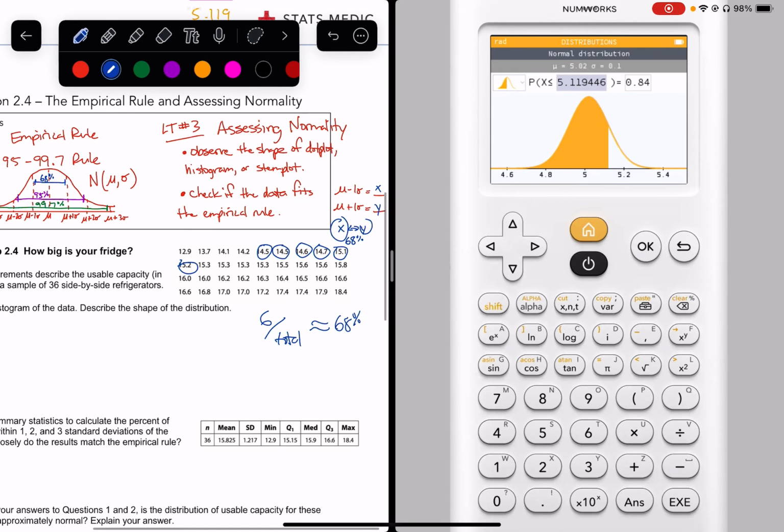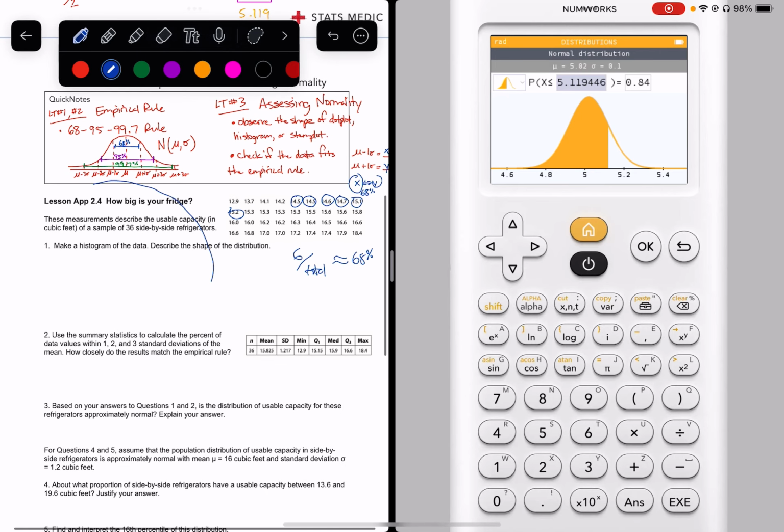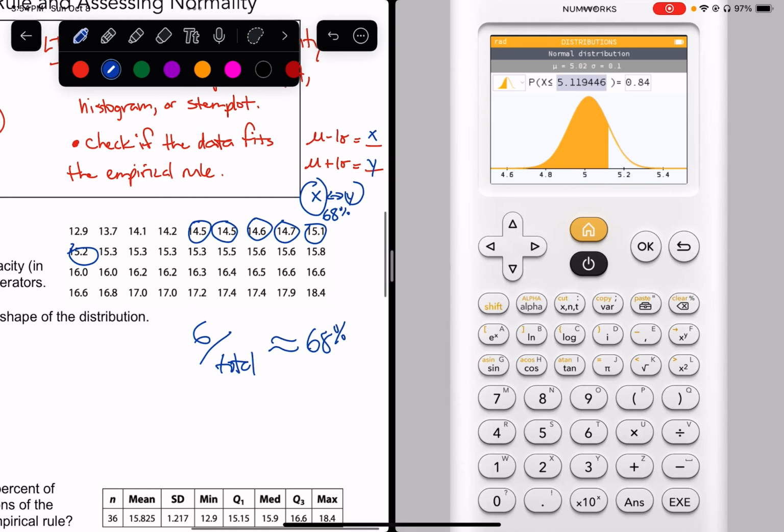And if you want a good example of that, read through this lesson app, specifically question 2. I will write in some examples of what that looks like: assessing normality using the mean plus and minus those different standard deviations.